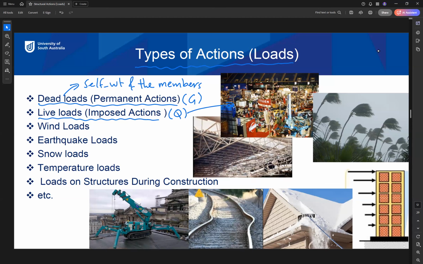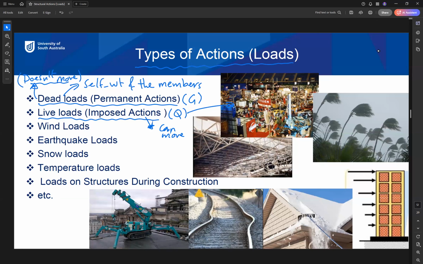The difference is that the dead load will remain on the structure, doesn't move, and is on the structure as long as the structure exists. But live load can be there and can move as well. For example, the live load on the class floor: if you are in the class, the live load exists. If you are not there, the live load doesn't exist.